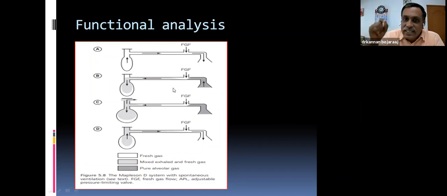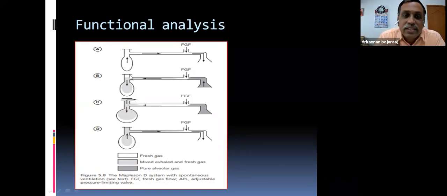Now you can understand the role of fresh gas flow. How much should be there to push all those things, fill the bag, and vent all the gases out to the atmosphere by opening the APL valve.